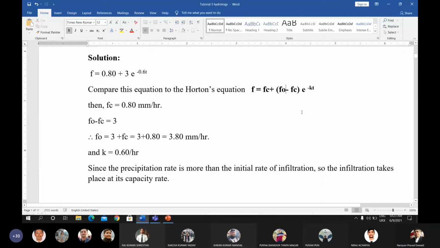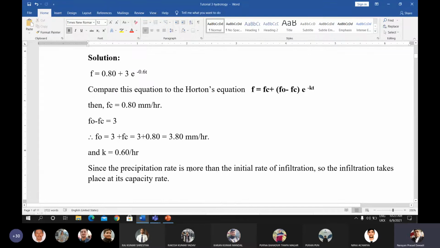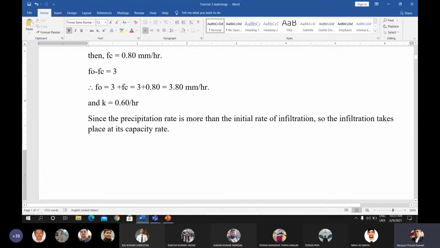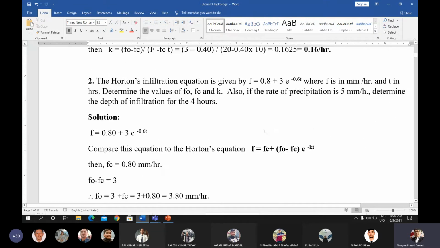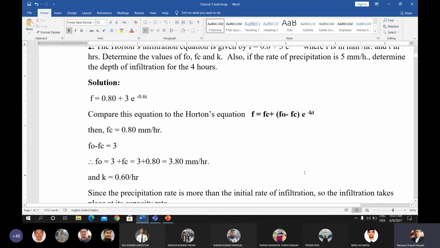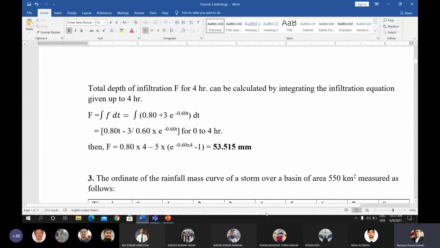Precipitation is more than the absorption rate of the soil, more than the initial rate of infiltration. So the infiltration takes place at its capacity rate. The infiltration will occur up to the rate of 3.80 mm per hour. Okay, this is the capacity rate. Now, the total depth of infiltration for 4 hours.